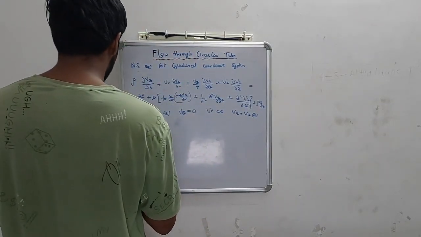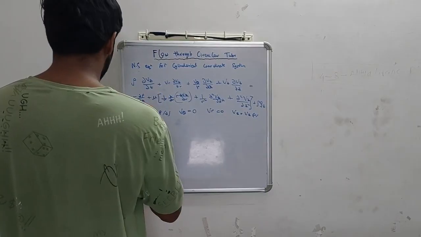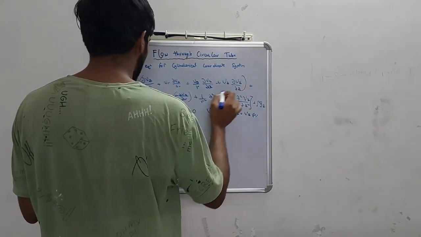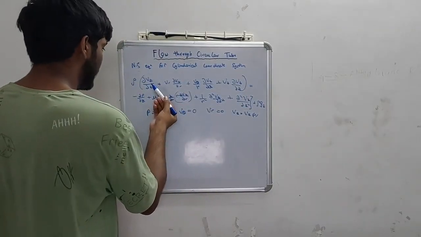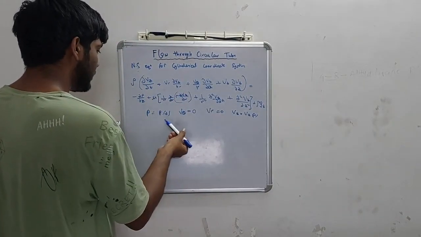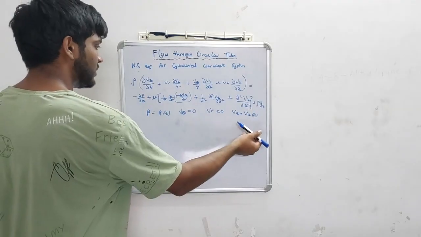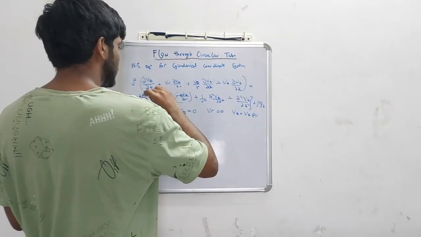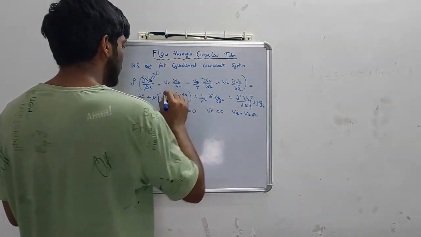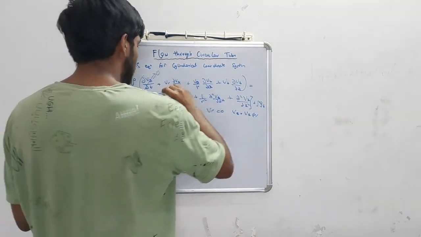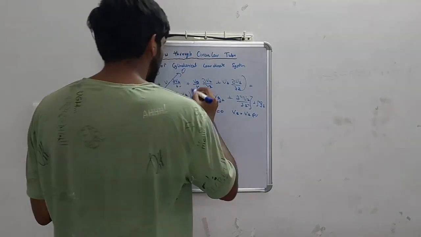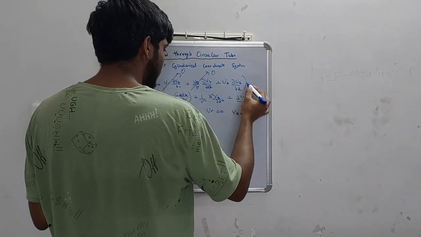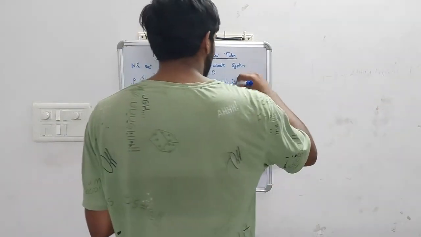So here is the first term, del Vz by del t. This would be steady state, so this term would be 0, and Vr is 0, so this term would be 0, and V theta is 0, so this term would also be 0, and Vz is not changing in the z direction, so this term would also be 0.